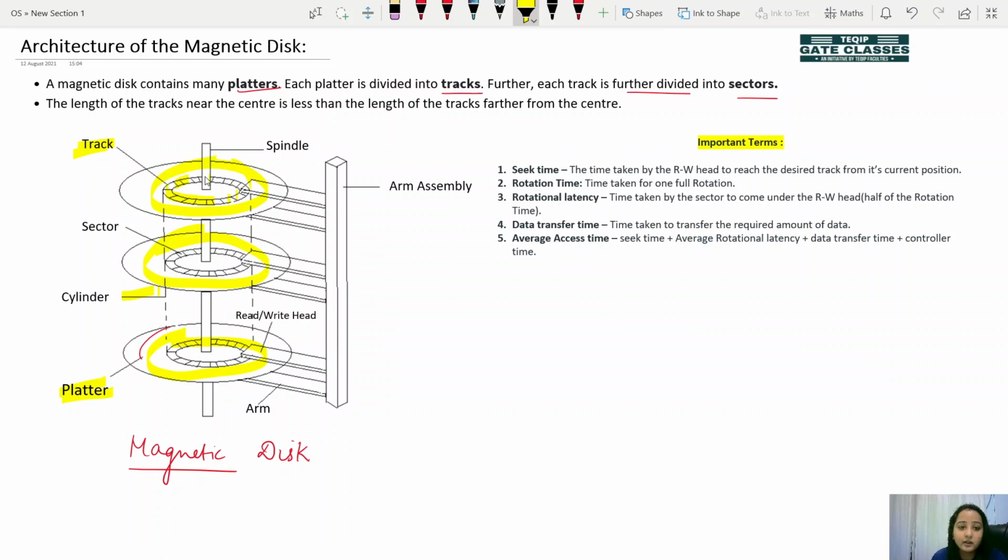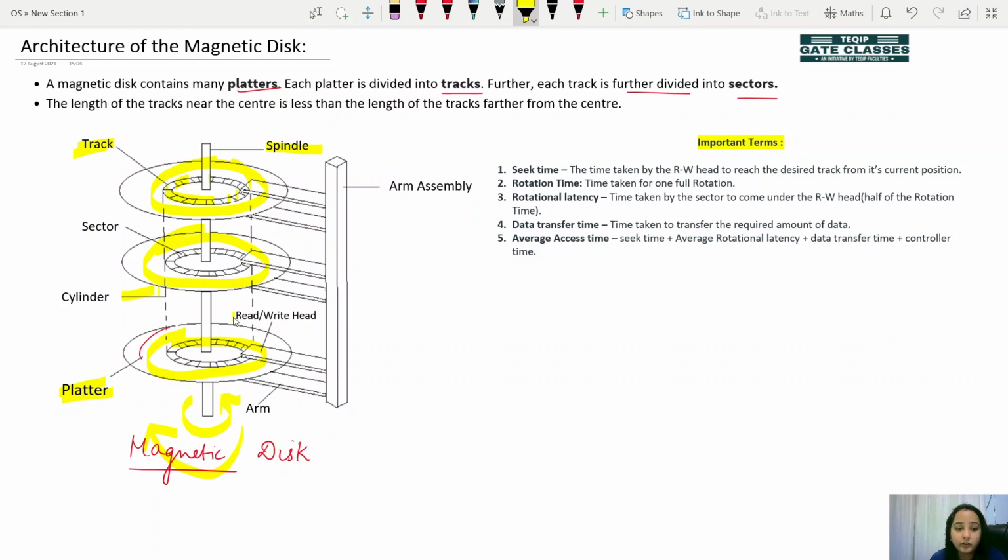Okay, and here in the center we have this spindle. What does this spindle do? It moves the platter clockwise or anti-clockwise, right?